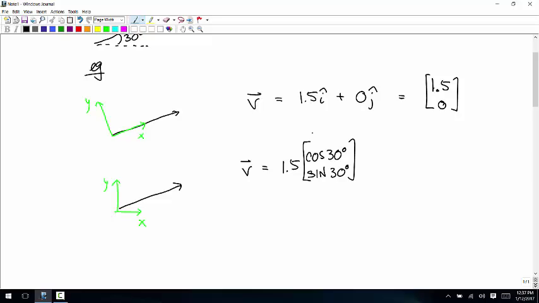So if you multiply all that out, you get 1.299, 0.75. Okay, so same vector, but the components are different depending on what coordinate system you choose.